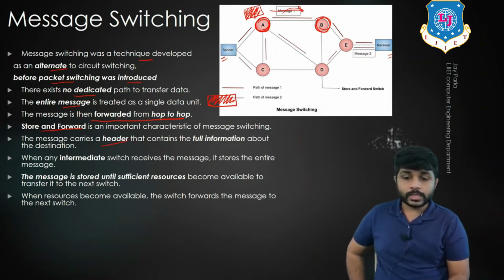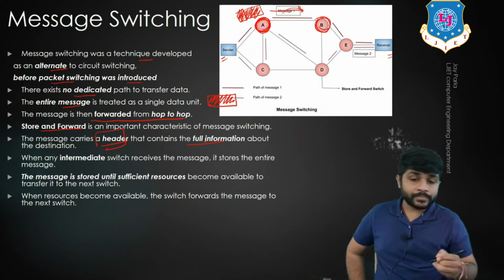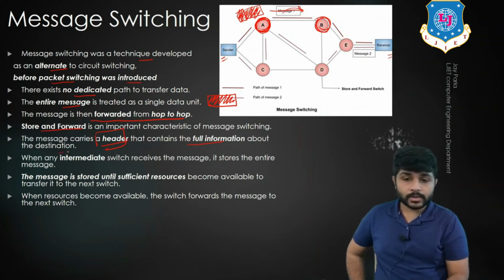Now the question is how device A, or how switch A, knows what the destination is. So in message switching, some extra information is added before sending the original message. You can see that in message switching, extra information is stored in the header that contains information about the destination.